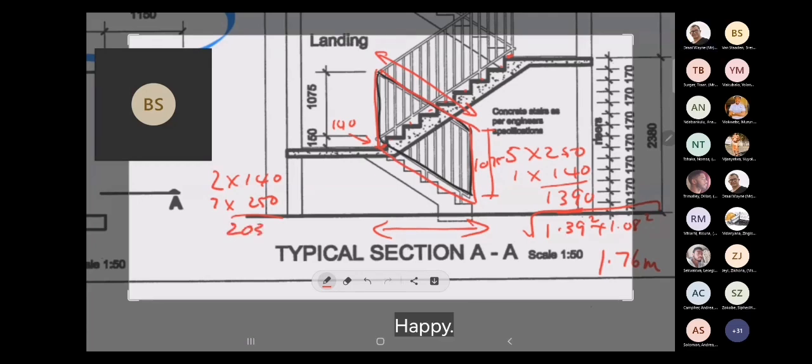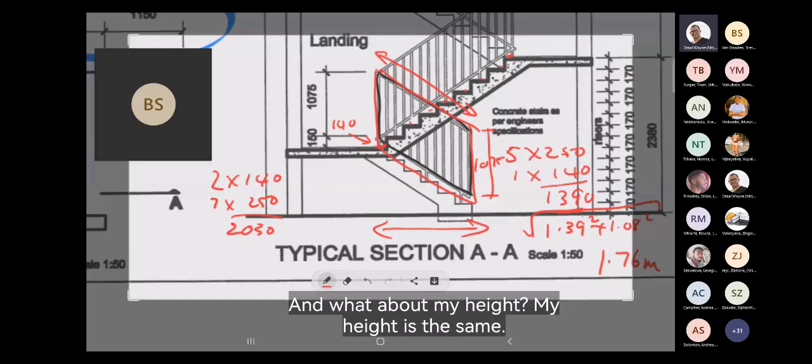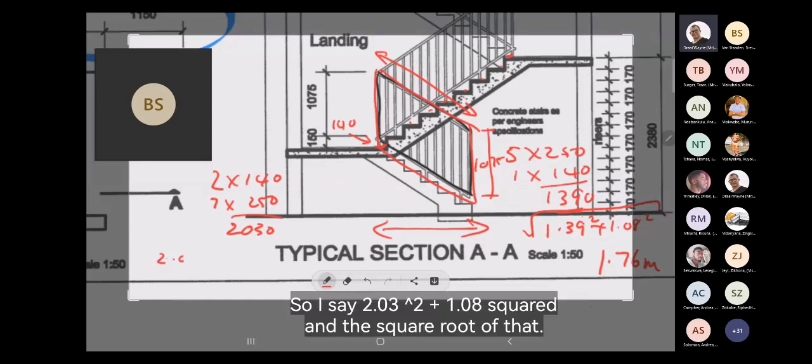Happy? And what about my height? My height is the same. So I say 2.03 squared plus 1.08 squared and the square root of that.